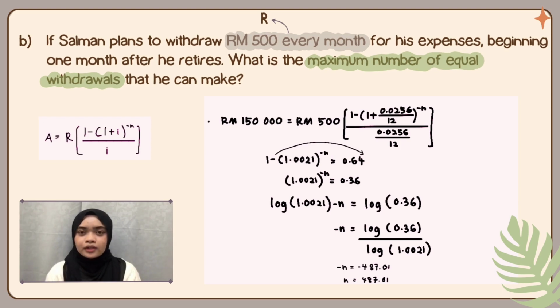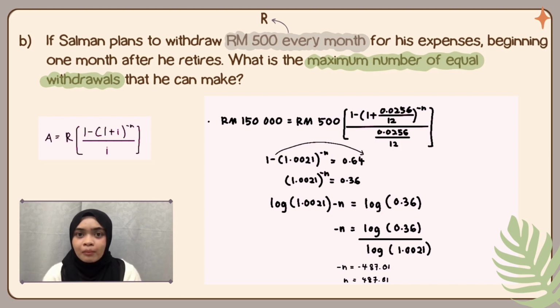Firstly, 150,000 ringgit divided by 500 ringgit and multiplied by 0.0256 per 12, so we get 0.64. To get n, move it to the left, so 1 minus 1.0021 to the power of negative n. Move 1 to the right, 1 minus 0.64, so the answer is 0.36.